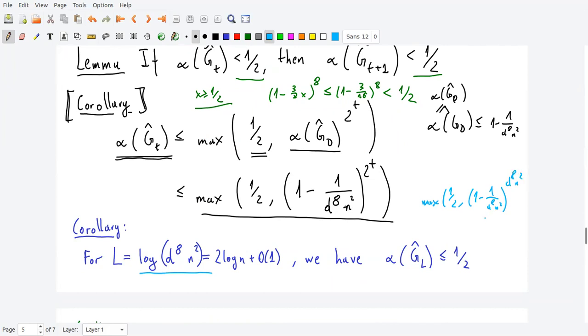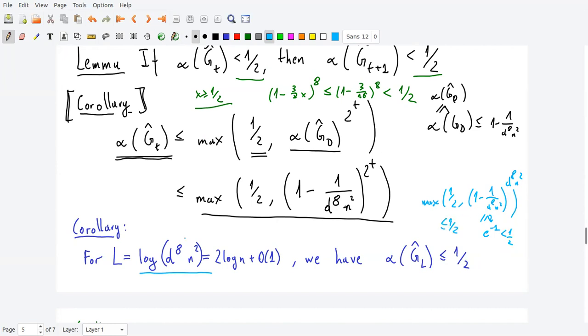And this is upper bounded by the inverse of e, which is strictly more than 1/2. So this is at most 1/2.